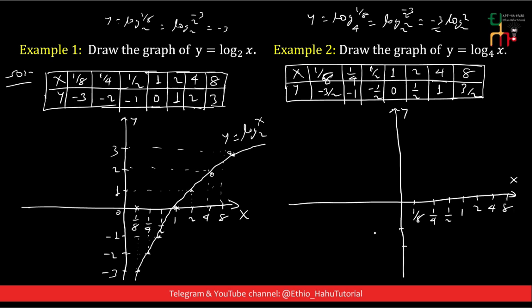Here, minus 1 over 2, minus 1, and minus 3 over 2. 0, 1 over 2, 1, and 3 over 2. When x is equal to 1 over 8, y is minus 3 over 2. When x is equal to 1 over 4, y is minus 1. When x is equal to 1 over 2, y is minus 1 over 2.